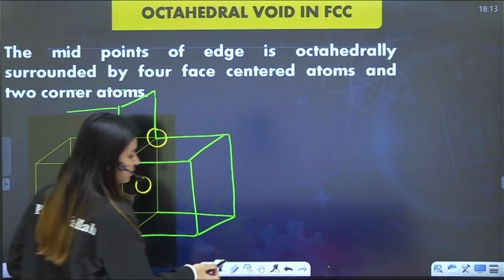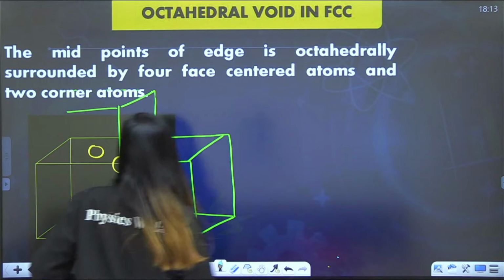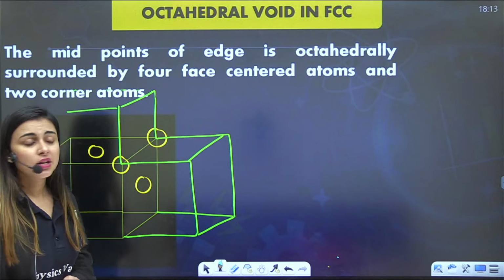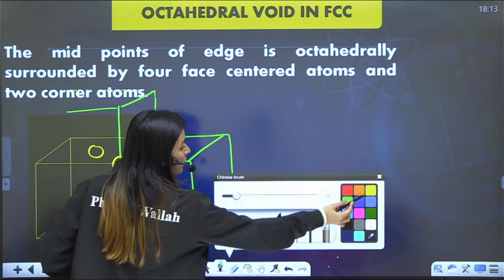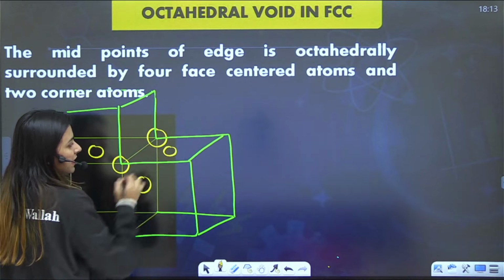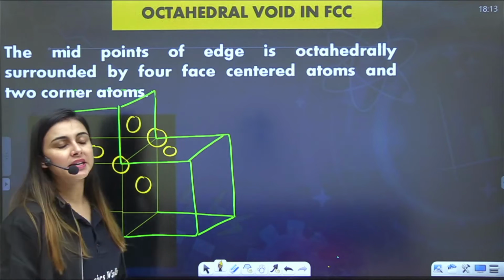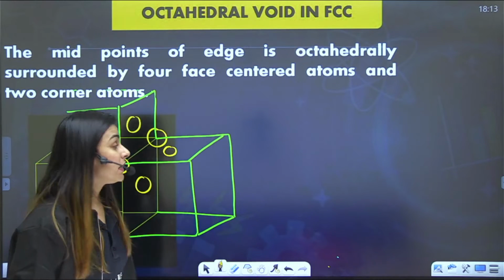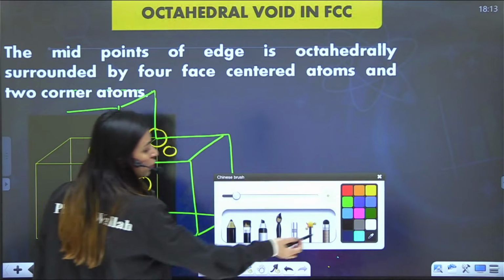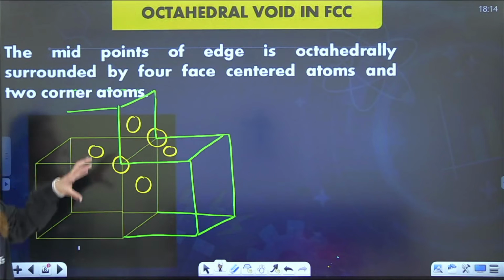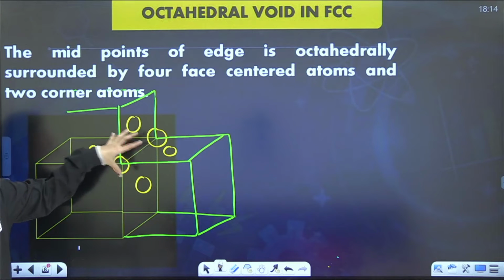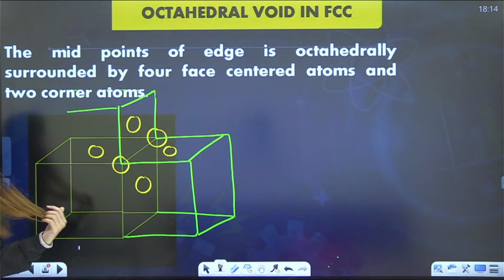Okay, perfect. Now try to understand, since it is a FCC, a center atom will definitely be present in this center as well, and a center atom will be present at this center of the face as well. Now try to look, how can an octahedral void be present at the edge center?